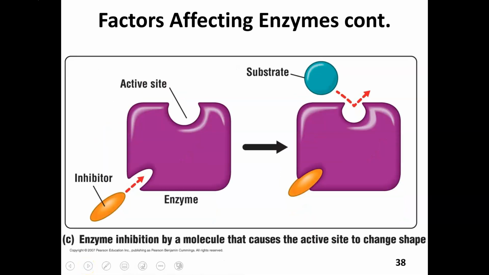And then in non-competitive or allosteric inhibition, we have this region here known as the allosteric site. And so a molecule binding to the allosteric region changes the shape of the active site. So now the substrate can no longer bind in the active site because it has been changed.